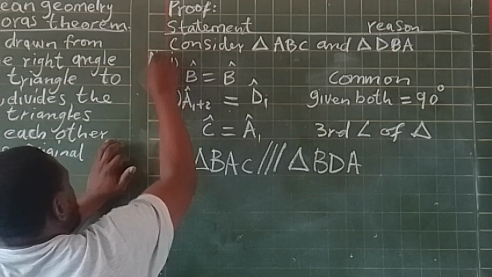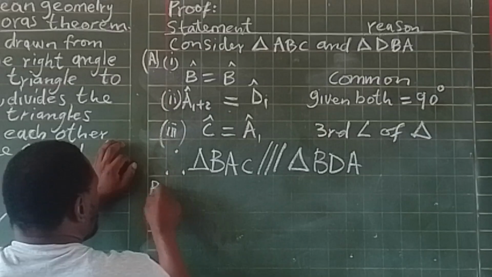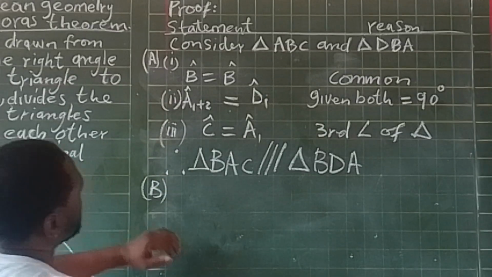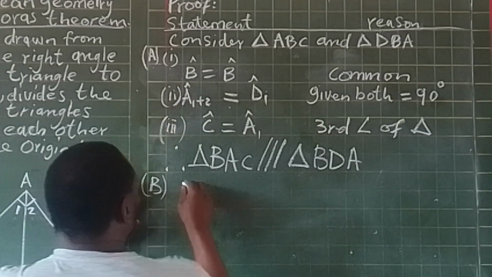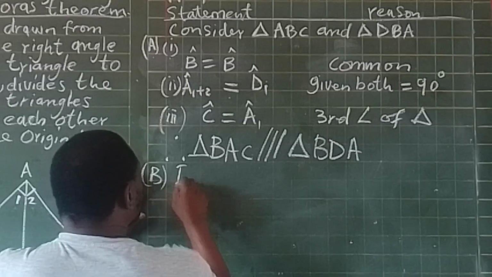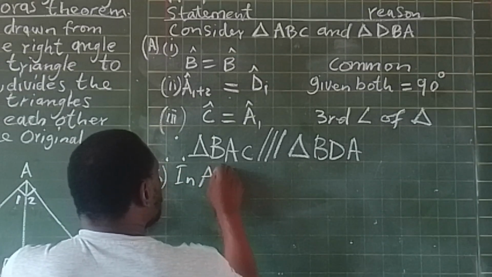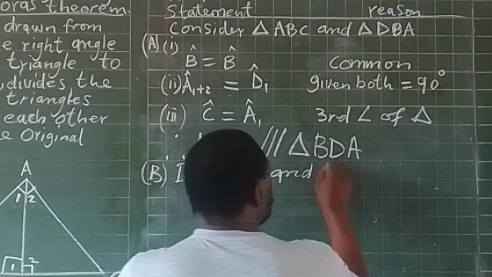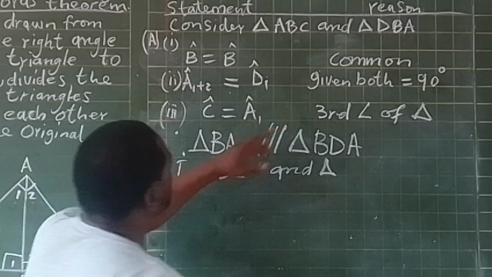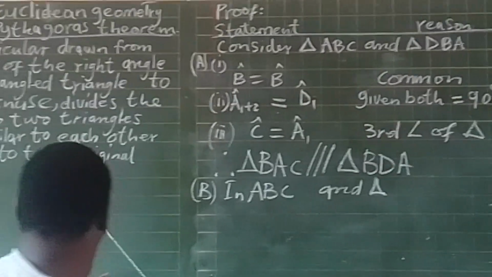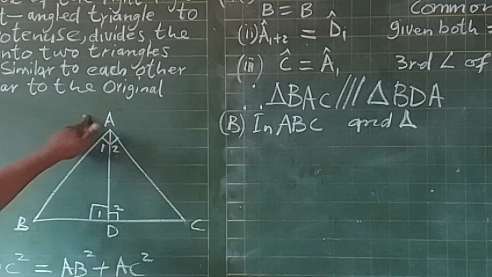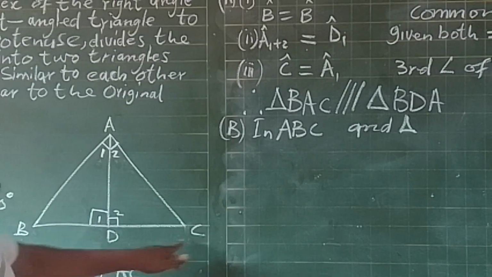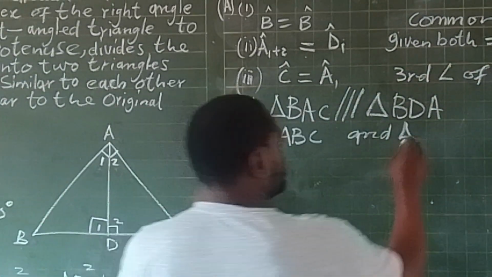Let's say A. We come to the B. We are considering the big triangle ABC and the small one. Because we have taken DBA, now we must take DCA.